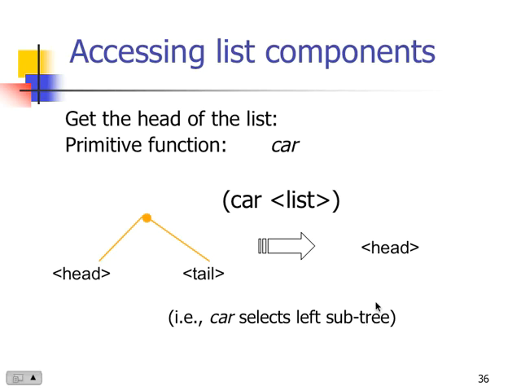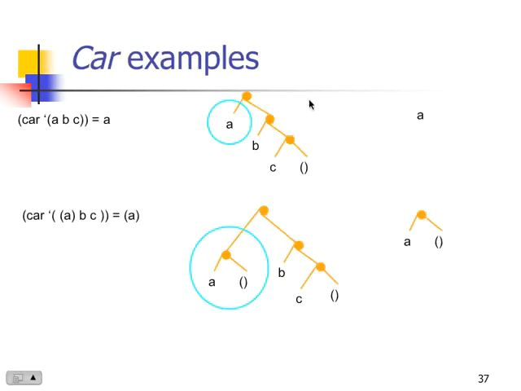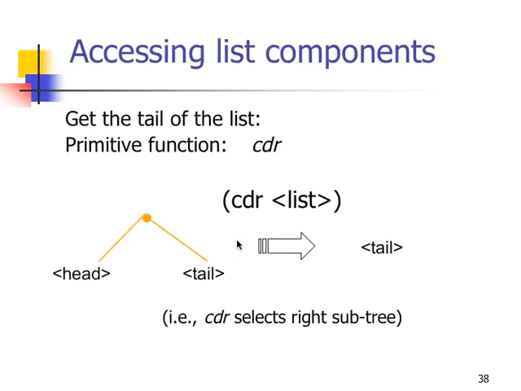So if I said car ABC, it's going to be equal to A. Car ABC gives us A, which is the first item in there. So for those people who are familiar with linked lists, you're working with a primitive version of it that you're not creating yourself, but that's the data structure you're working with in Lisp, and also in Scheme as well.